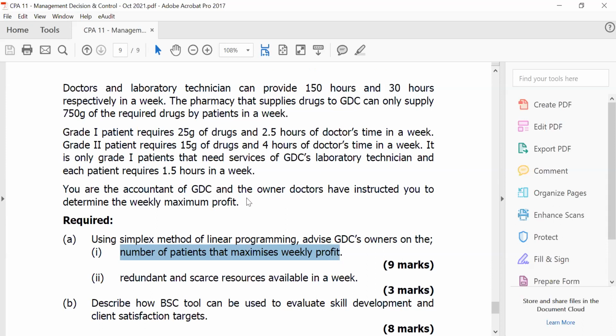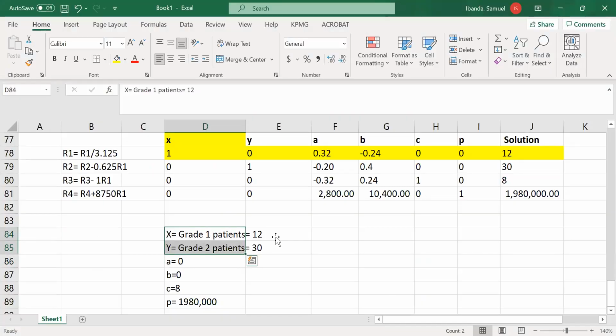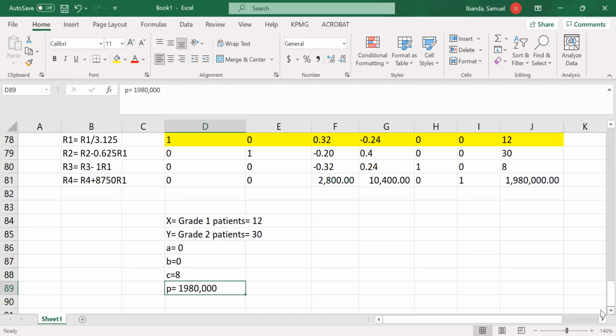So the number of patients that maximizes the weekly profits is grade 1 should be 12 and grade 2 should be 30. So you're able to note that down. And the maximum profit is 1,980,000. That is how we calculated.